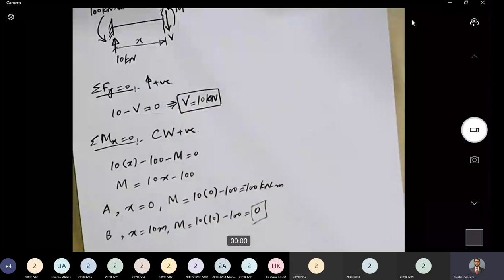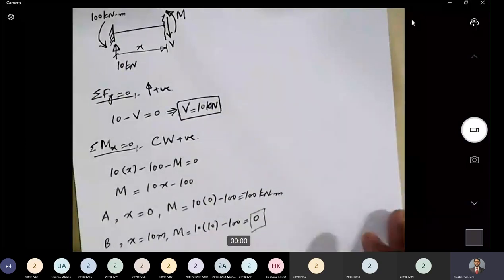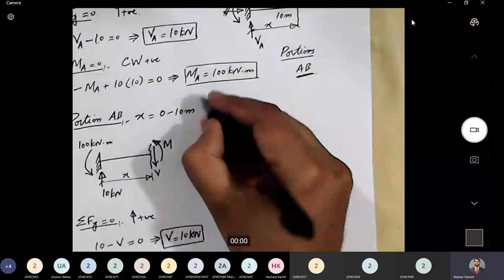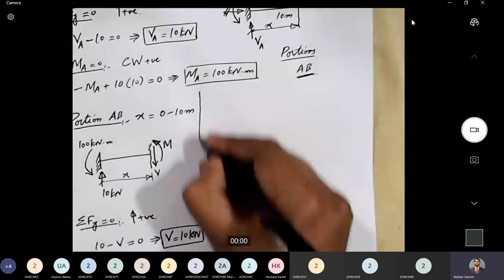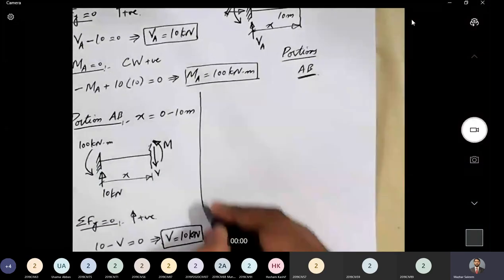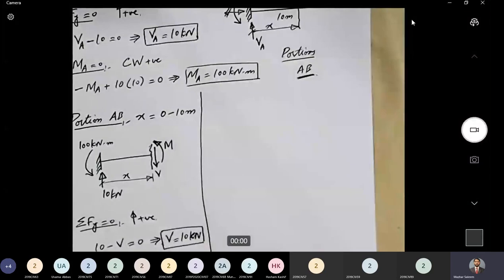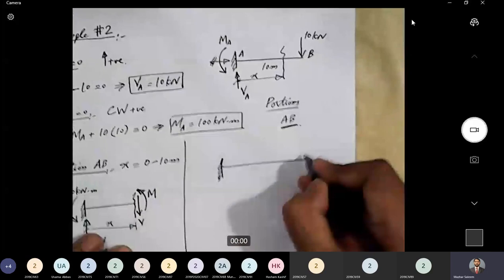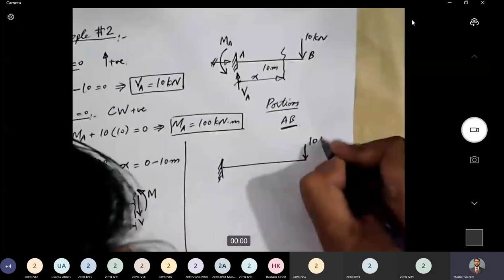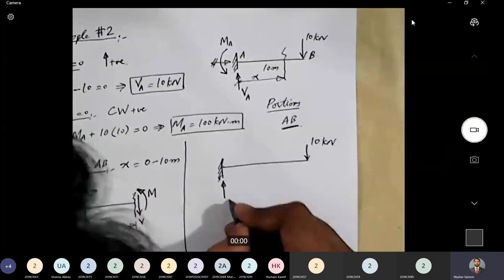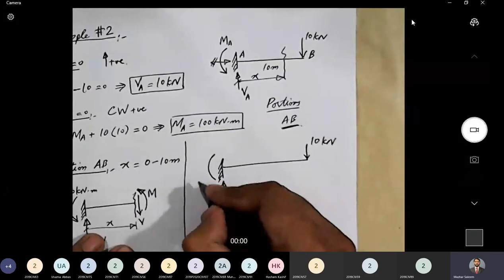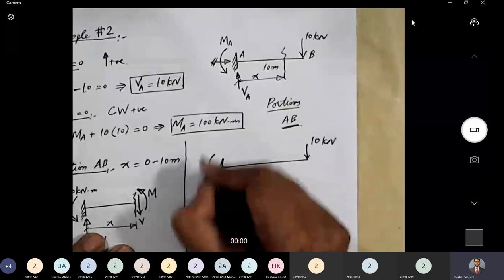Now let's draw the shear force diagram and bending moment diagram. For that, I will draw the beam again. Here is the beam. 10 kilonewton force, reaction 10 kilonewton. This reaction is 100 kilonewton meter. Now let's draw the guidelines.